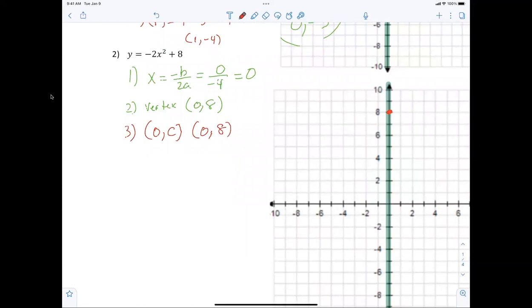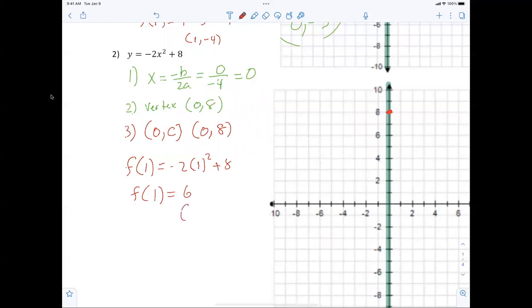So now what did I tell you I wanted you to plug in? 1. So now I need everybody to find f of 1. That's -2 times 1 squared plus 8. You don't need your calculator for that. 1 squared is 1, times -2 plus 8 is 6.